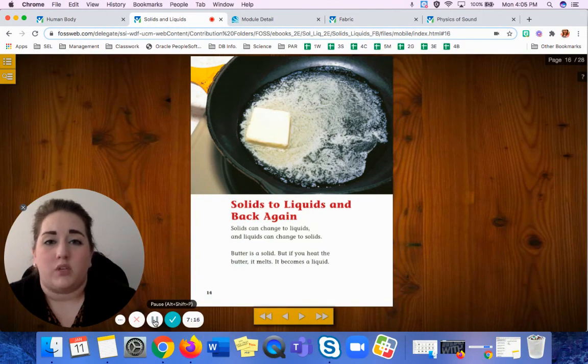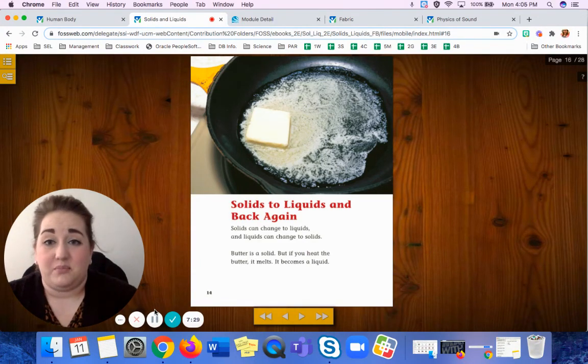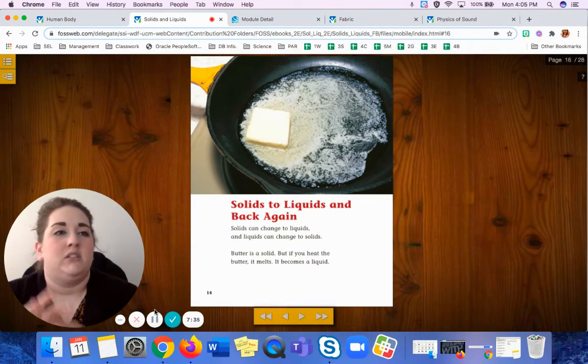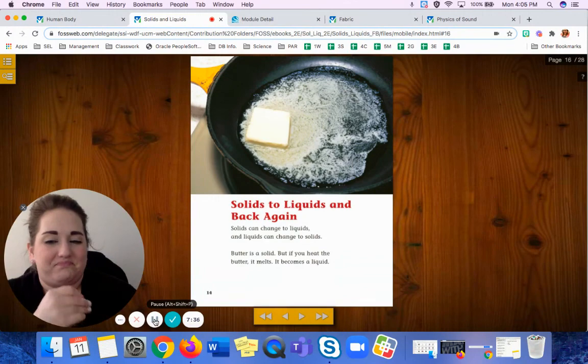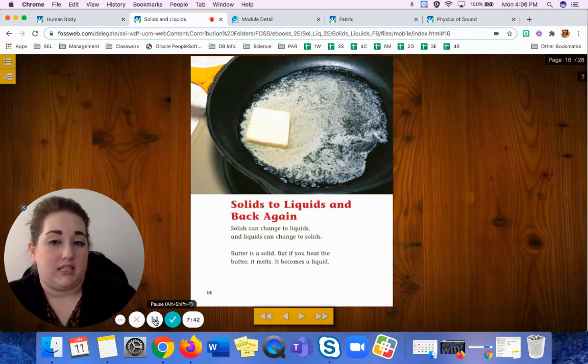What are some words we can use to describe solids? If you would like to look around you and think of some, and find some solids to describe, go right ahead. There's a space for you in your Seesaw page to describe some solids. Try to find 5 descriptive words for solids today, okay?